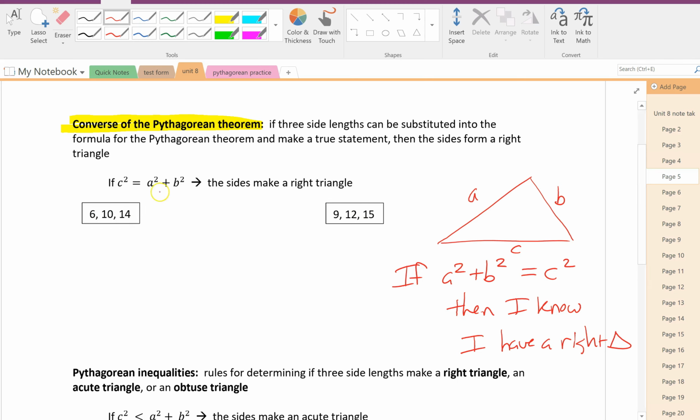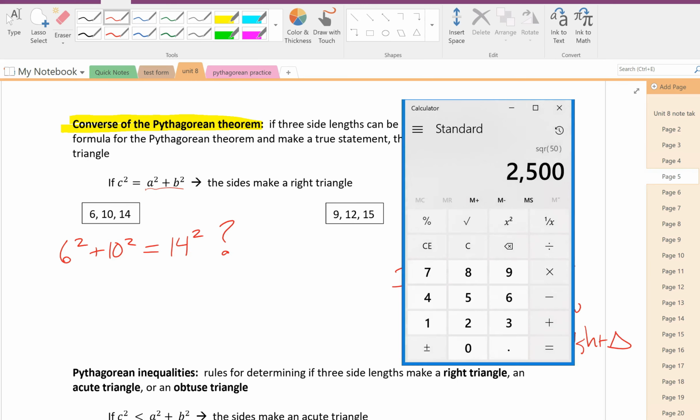Okay, so the two shorter sides have to go together as a and b, and then the longer side's the hypotenuse if it's a right triangle. So let's test out 6, 10, and 14. So 6 squared plus 10 squared. If this is a right triangle, that would equal 14 squared, right? Is 6 squared plus 10 squared equal to 14 squared?